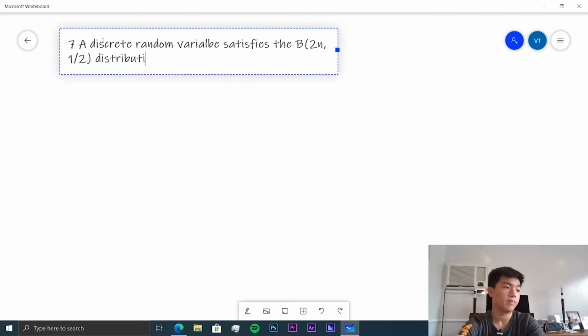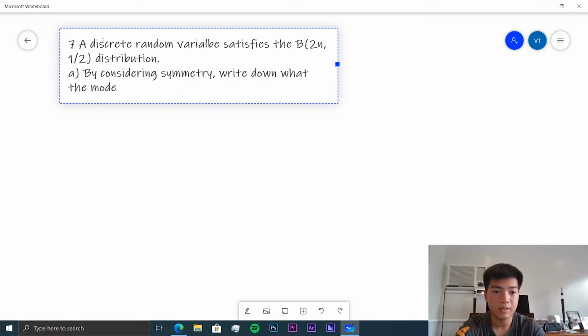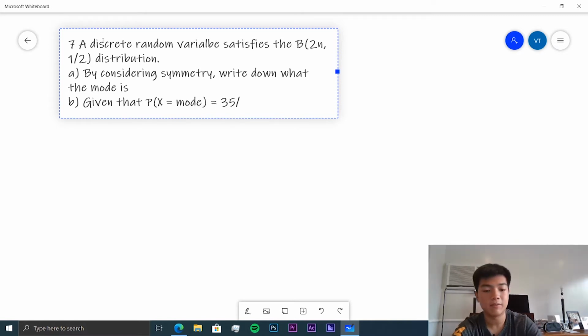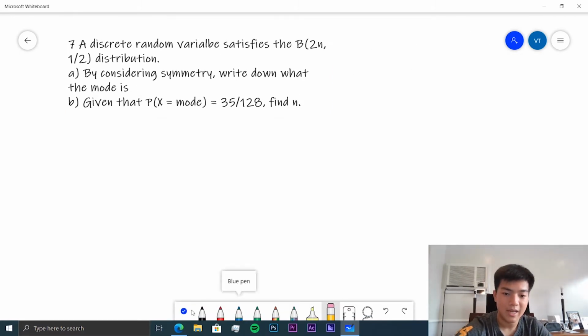First, by considering symmetry, write down what the mode is. And next, given that the probability that x is equal to the mode is equal to 35 over 128, find n.